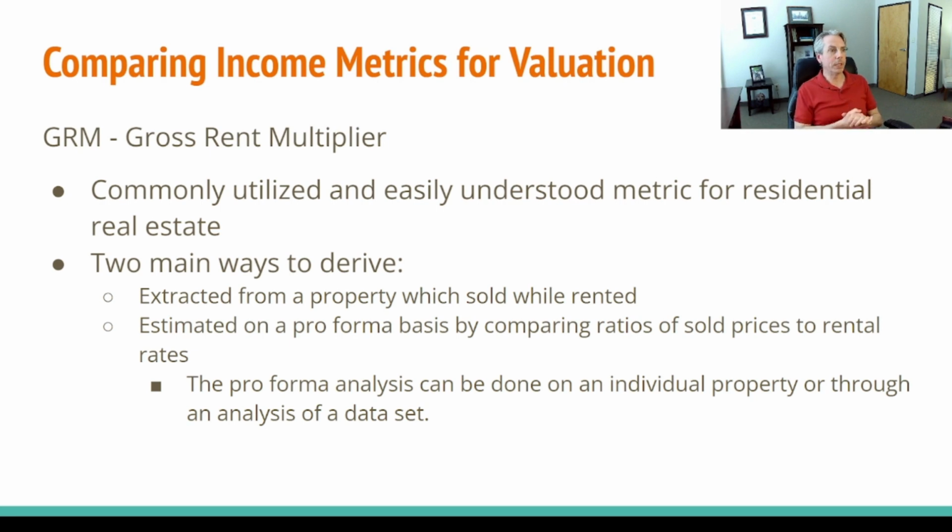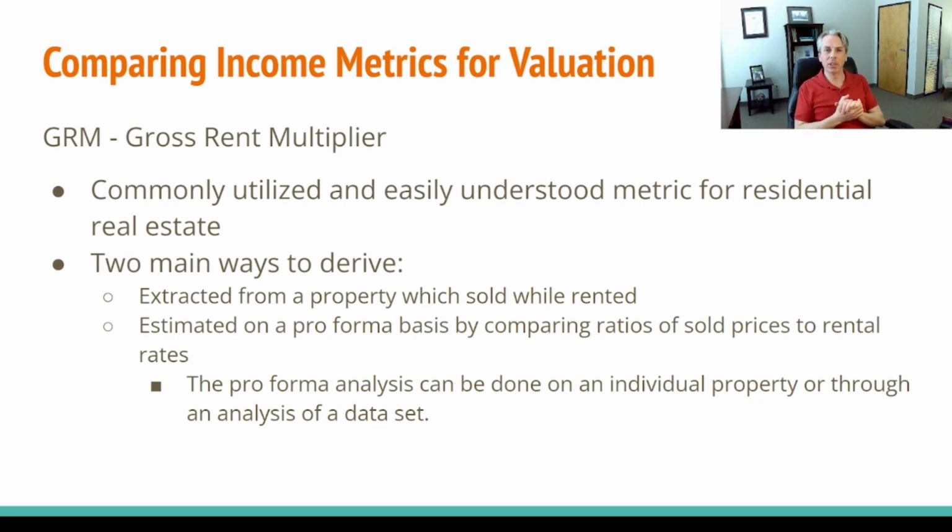The other way is to estimate it on a pro forma basis. So comparing ratios of sold prices and market rental rates. And you could do that either individually, property by property, or sort of take more of a big data approach.